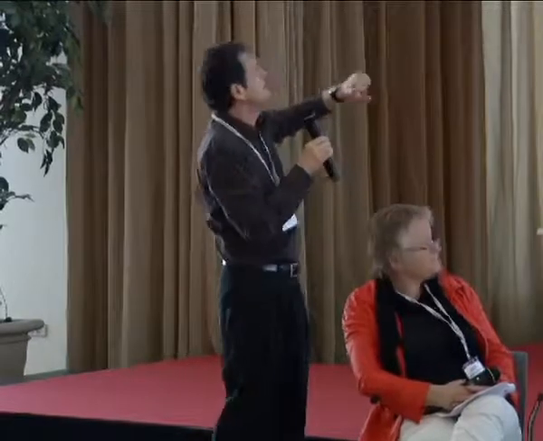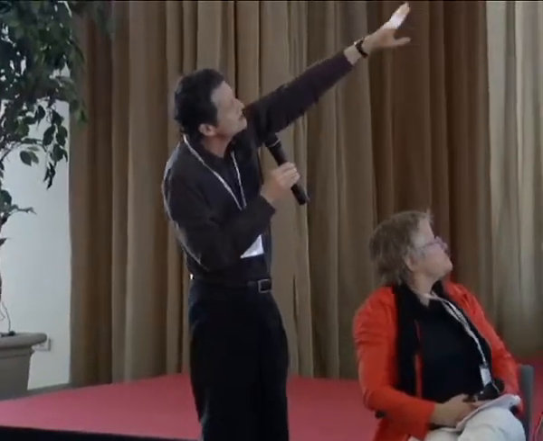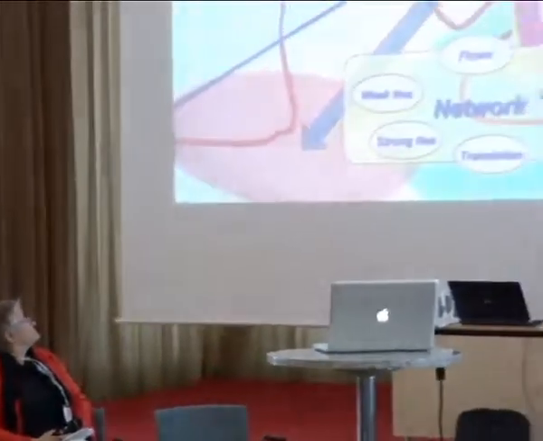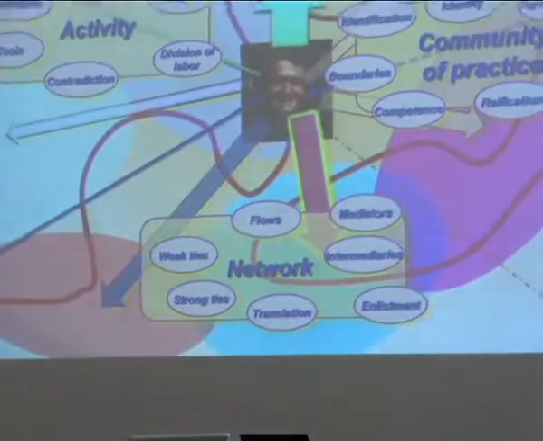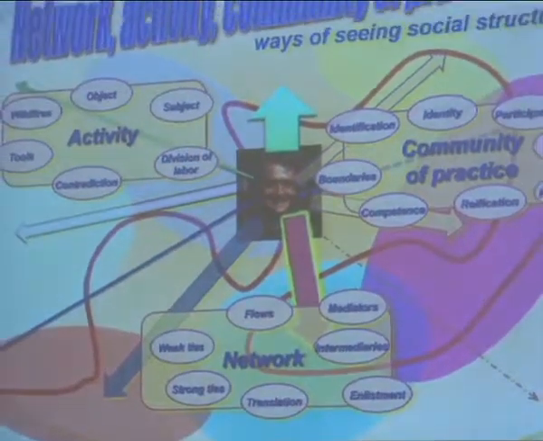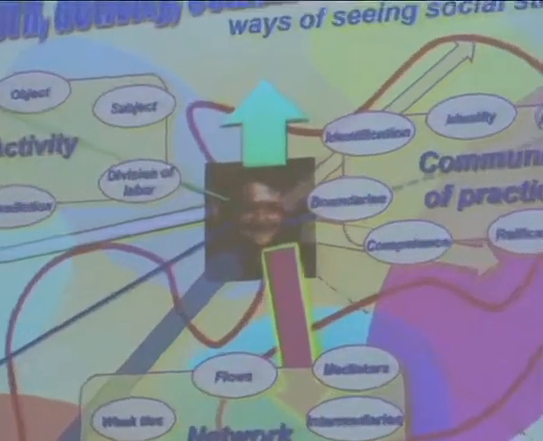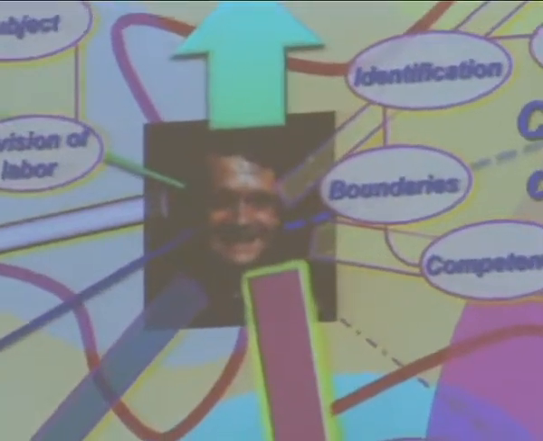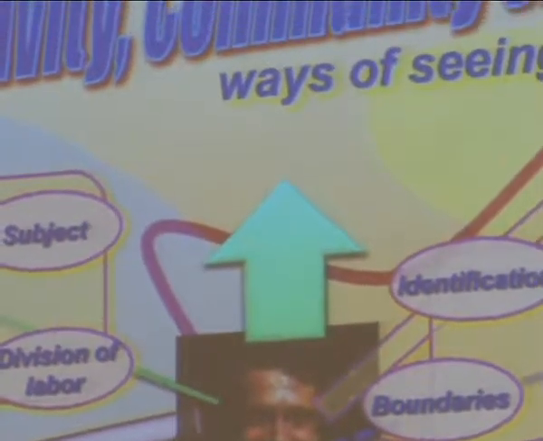Then you have different vocabulary, and I have tried to express a little bit of the vocabulary I tend to develop for the stories of learning as identity that I'm interested in developing. So for me, identity is really a core element, whereas in activity, perhaps object is the core driver of the activity. And in network, it's these notions of flows.